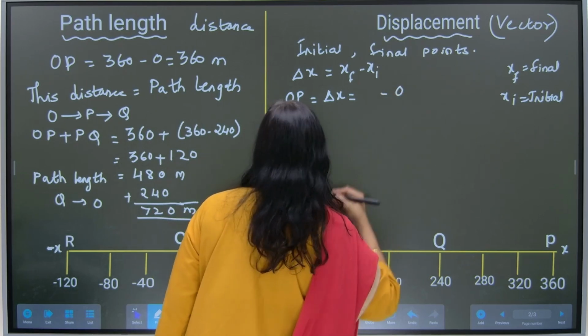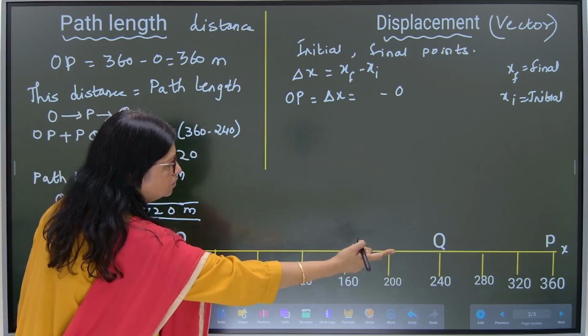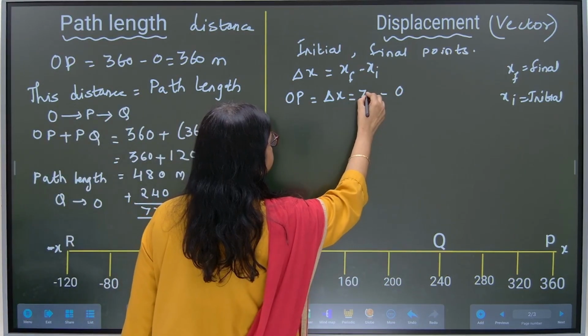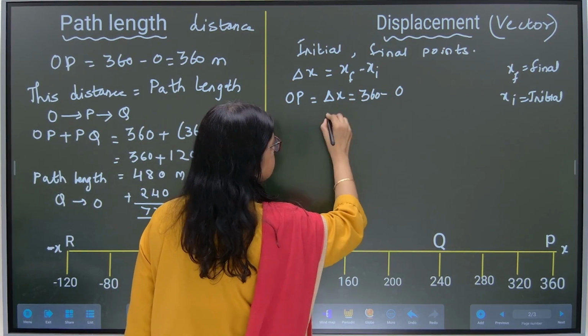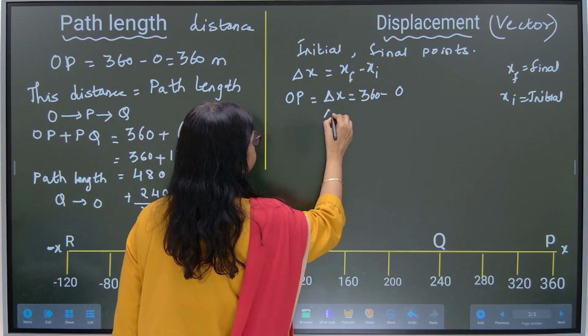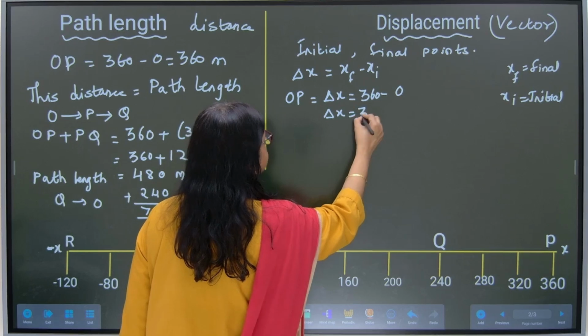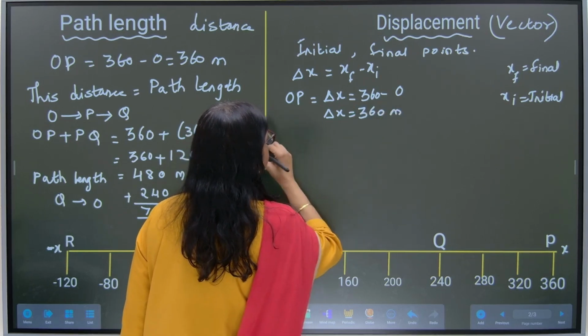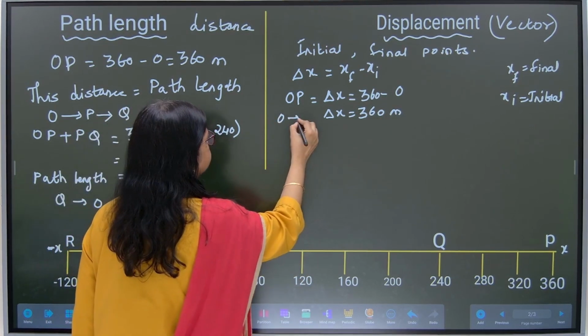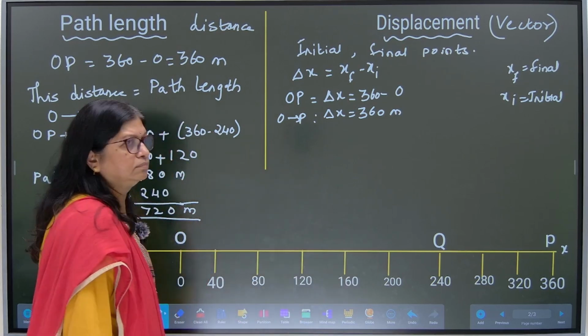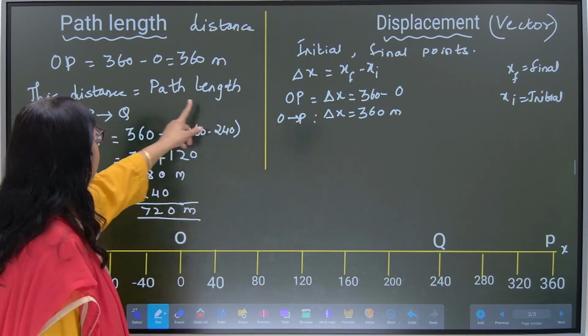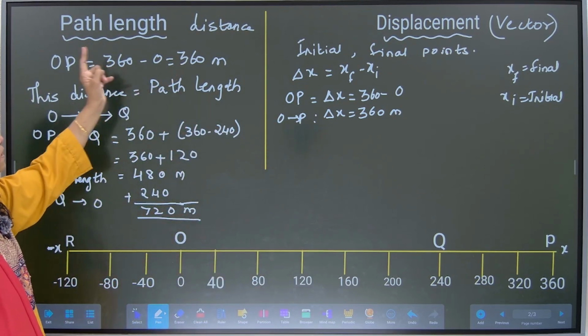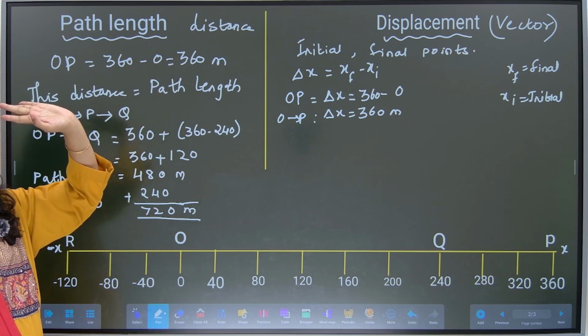What is its final position? P, 360. So what is my answer? 360 minus 0, 360 meters from O to P. Agreed? Which is same as the path length, 360 meters from O to P.